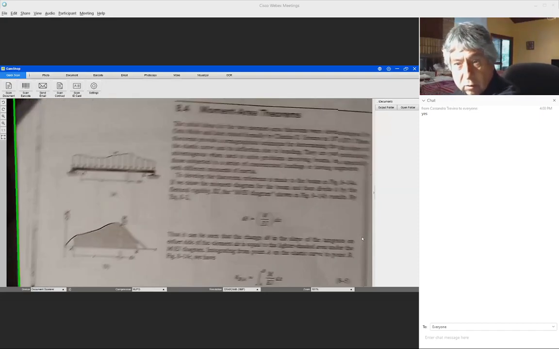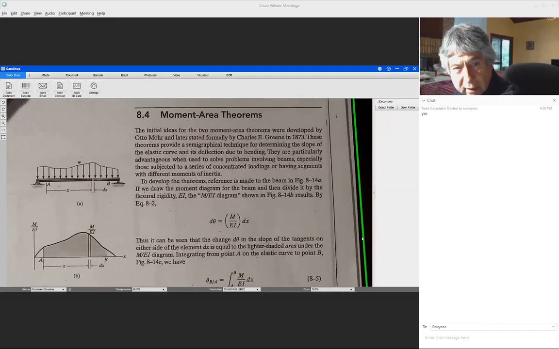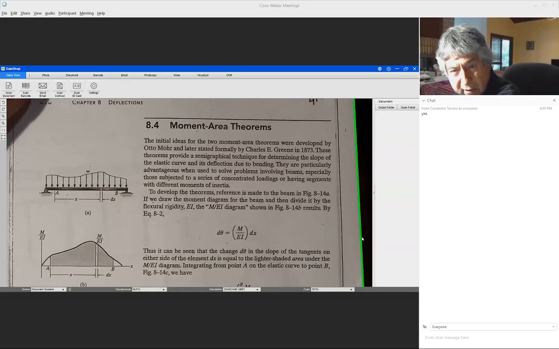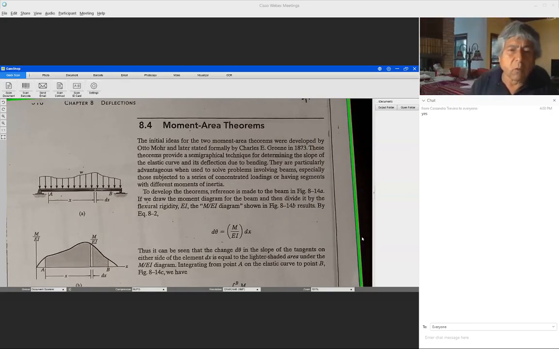Some of you told me the other day that you were familiar with the moment area. The reason why I'm going to cover the moment area is because we need to know it in order to understand what we're going to do later, the virtual work and energy method. Whenever we had the moment area theorem, there are two of them.